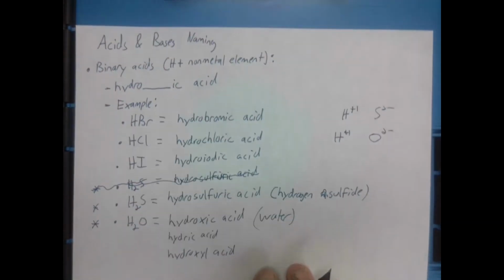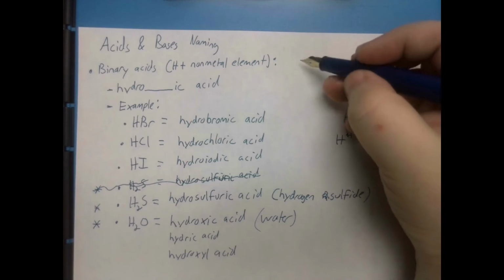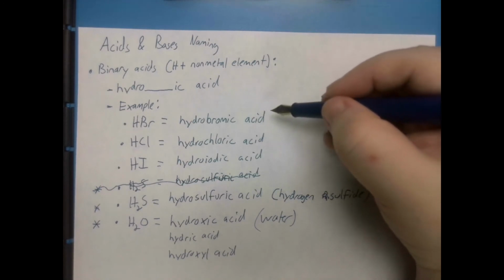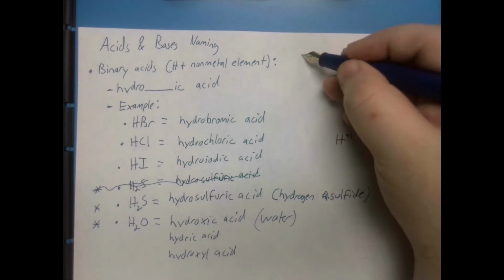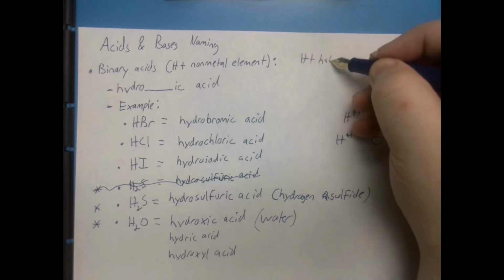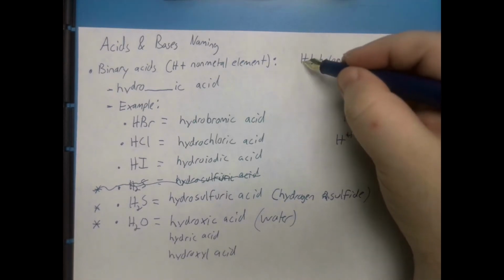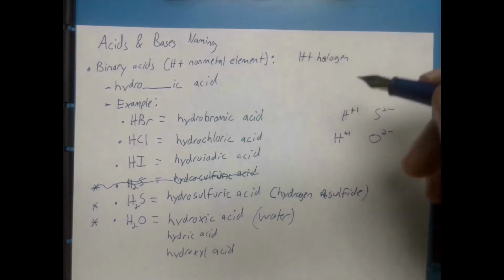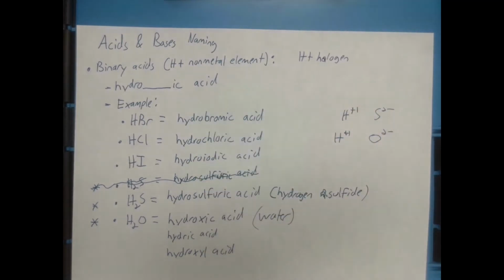So basically, I will say this: we usually call these by their acid names if it's hydrogen plus a halogen. Hydrogen plus a halogen, we usually always refer to it by its acid name. We almost never refer to it by its ionic name.